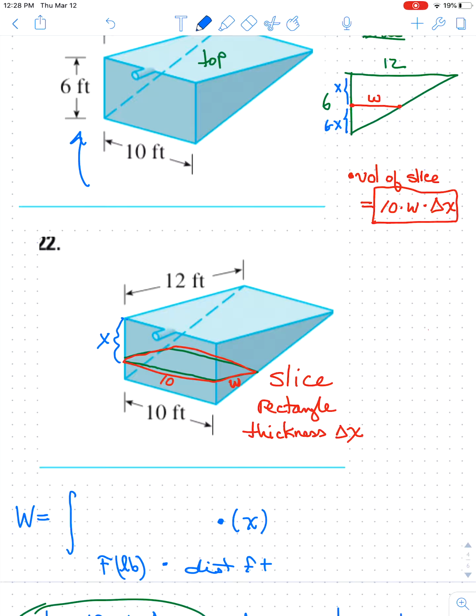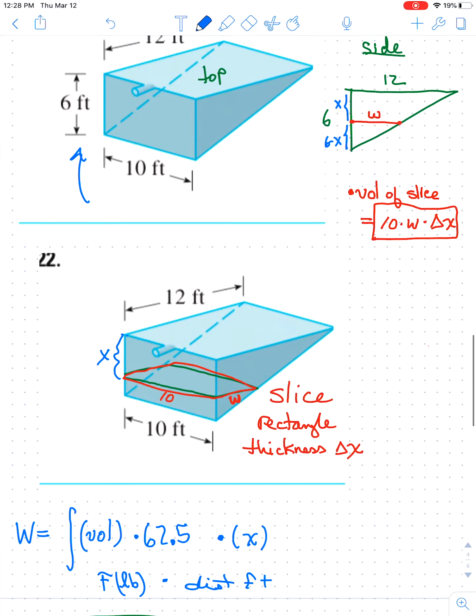And then our force, well, that force is going to be our volume. So volume is going to be in cubic feet. And then if we multiply that by 62.5, which is the density of water, then that's going to convert our volume in cubic feet to a weight in pounds. Okay. So very good.